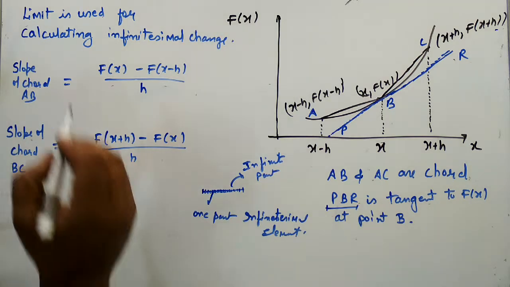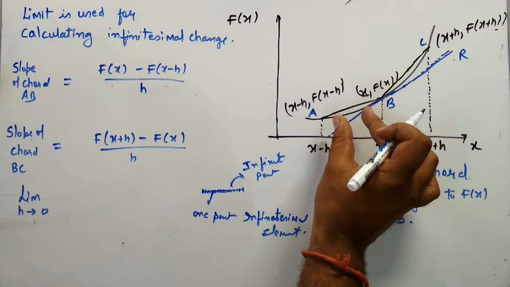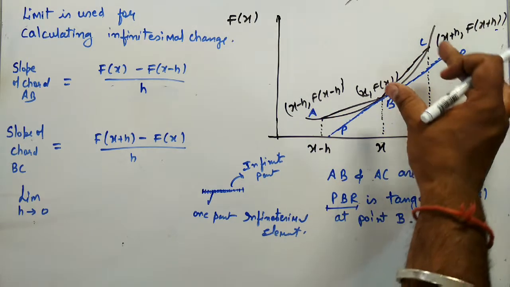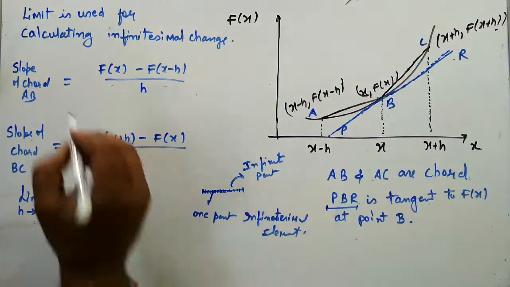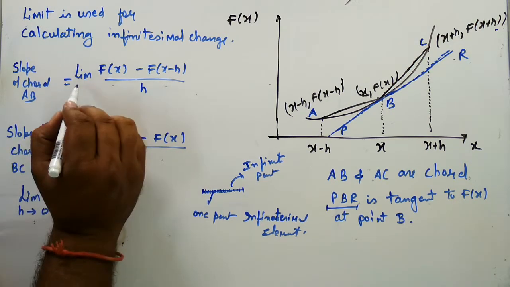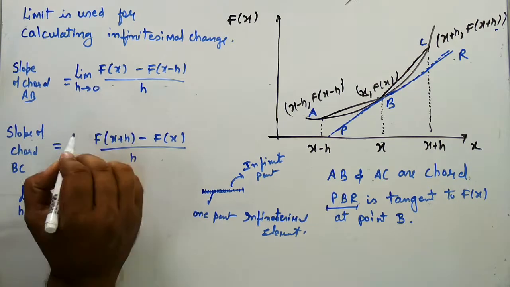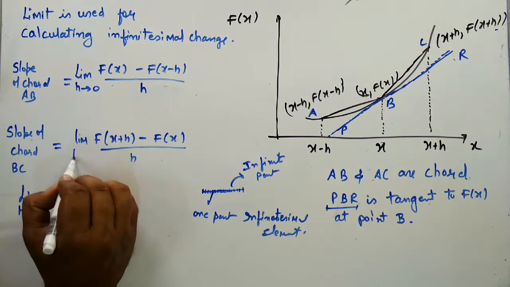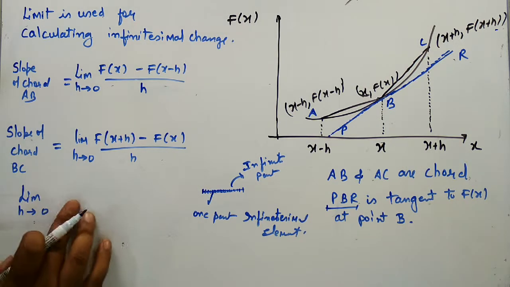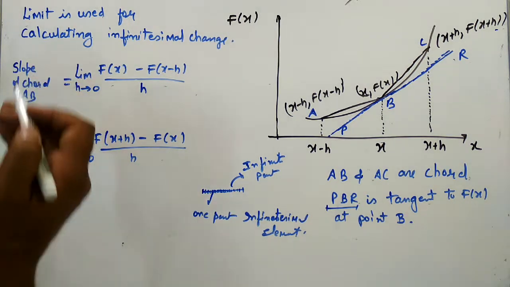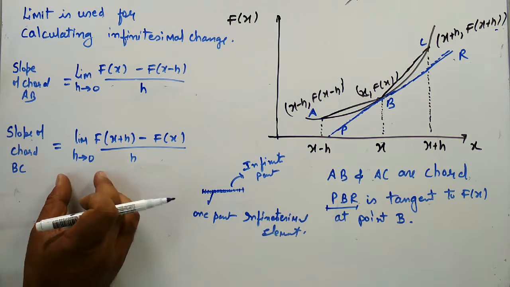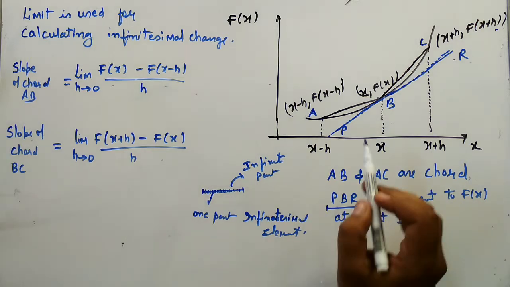If we take this change for a very small value, it will remain the slope of the chord AB, or the slope of the chord BC. So if we take the infinitesimal change, we use limit h tending to 0 here, and here also limit h tending to 0, which will also give us the slope of chord AB and the slope of chord BC. Now what will happen if we take this infinitesimal change?